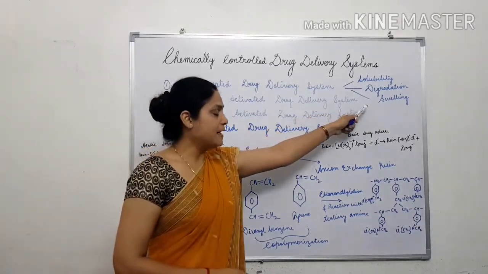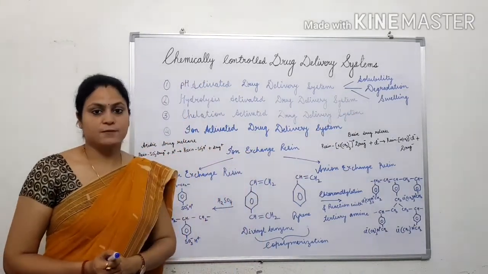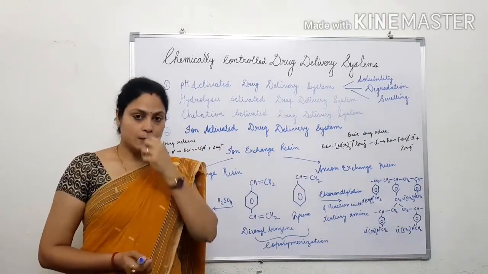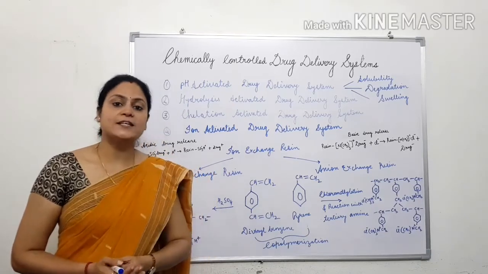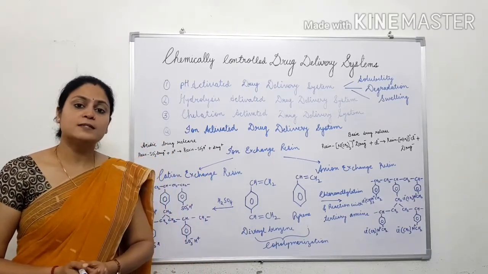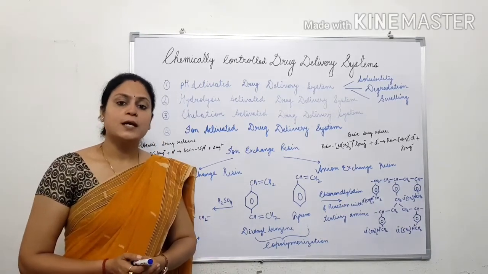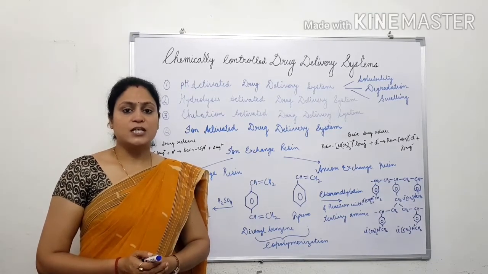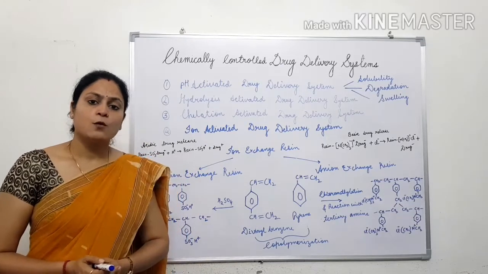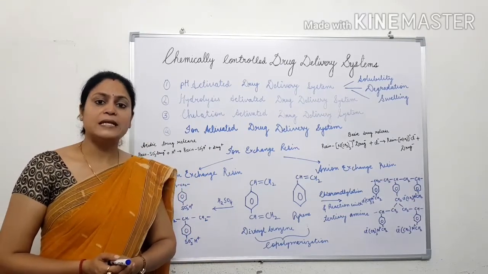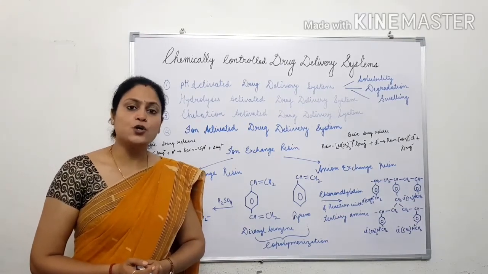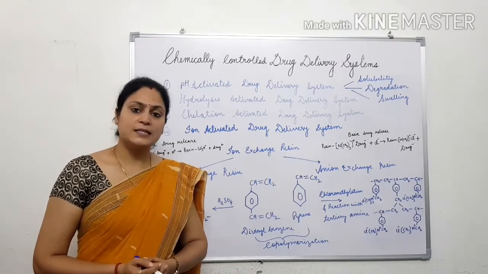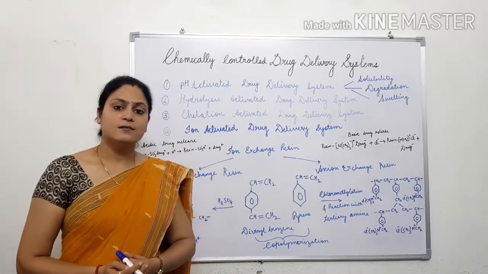These pH dependent degradation systems utilize bioerodible pH sensitive polymers along with some enzymes which, in presence of particular substrate, result in the change in pH, which is further responsible for the degradation or erosion of these polymers, resulting in subsequent drug release.